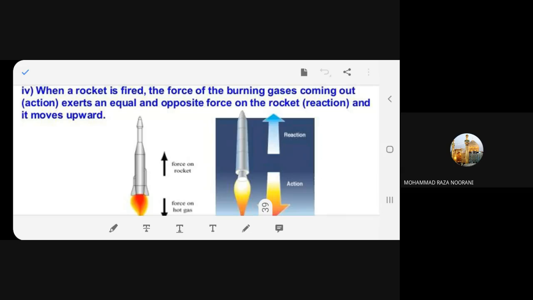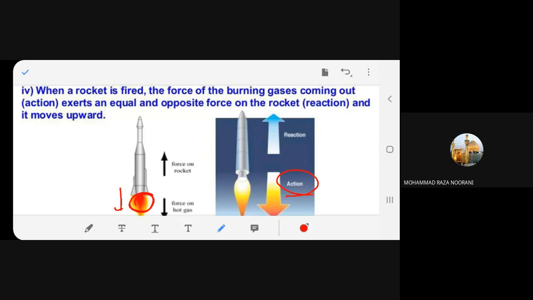Similarly, we can see in a rocket, when we are firing a rocket, what happens? The gases are burnt. Can you see this? The gases are burnt and it comes out. So this becomes the action because until and unless gases burn, the rocket will not move. You agree with me?